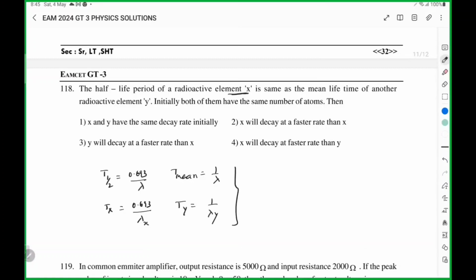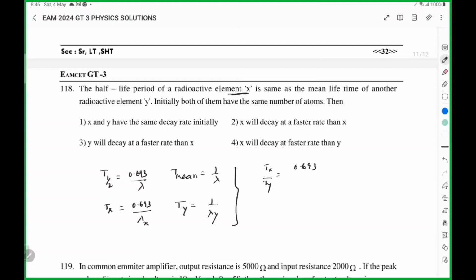Initially both have the same number of atoms, so which has more decay means Tx by Ty if you calculate. What is given is the half-life period. They are the same.